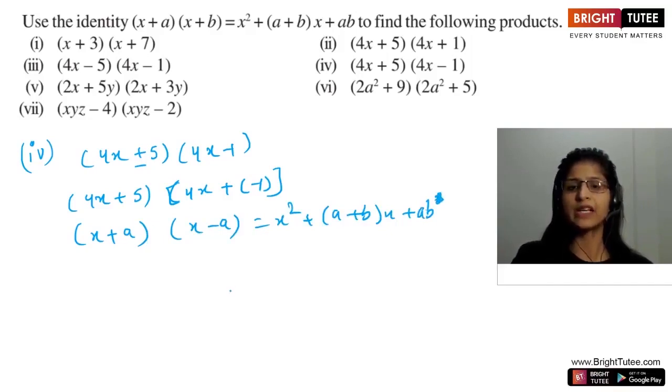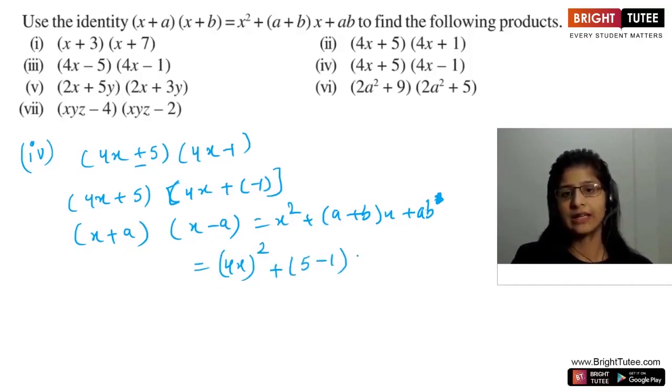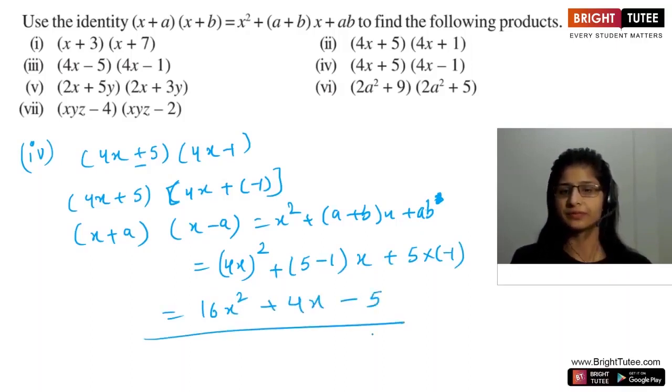Comparing it with this, we see that x is 4x, so instead of x square we will have 4x square plus, what is a here? A is 5. What is b here? Minus 5. And then x plus 5 into minus 5. So we will have 16x square plus 4x minus 5.